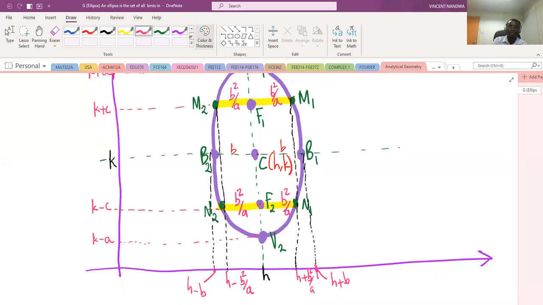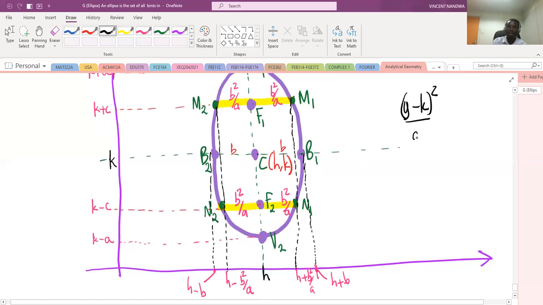So the first thing, equation of this vertical ellipse is given by y minus k squared over a squared plus x minus h squared over b squared equals 1, and a squared minus c squared is given by b squared, and always a is greater than c.